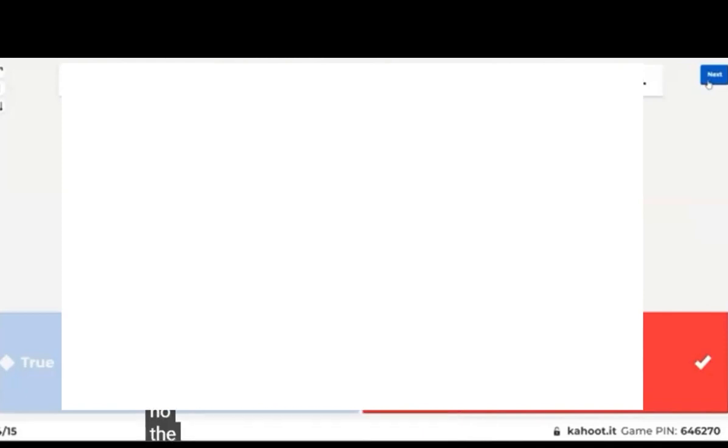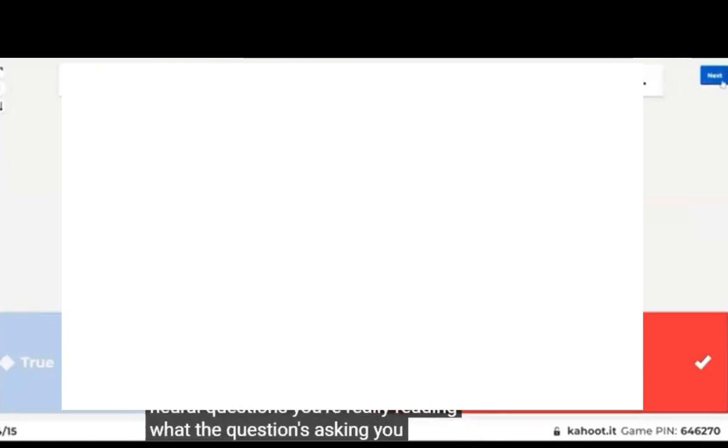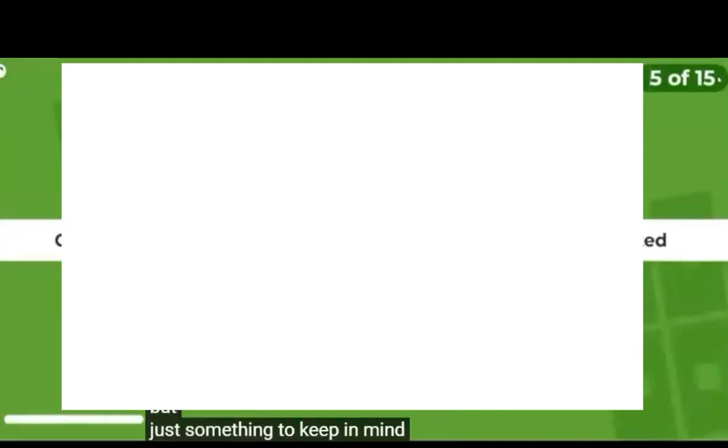No. There's no medical management for hemorrhagic stroke. If the body doesn't clot on its own, then the patient is going to end up having to have surgery. Okay, so make sure with these types of neuro questions, you're really reading what the question's asking you. And I know this is a Kahoot, so it's quick, but just something to keep in mind.